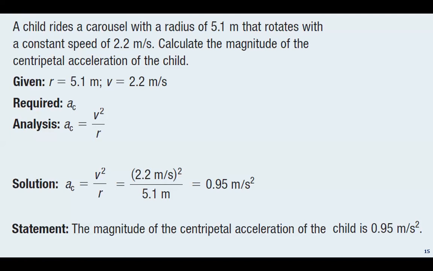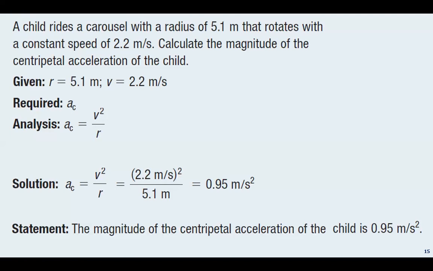Okay, so this time, because we know the speed, the linear speed, we can refer to this formula: centripetal acceleration equals v squared over r, right? And put all the values in. That is 2.2 squared over 5.1.